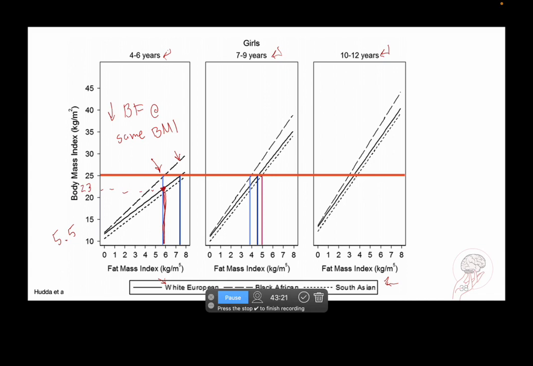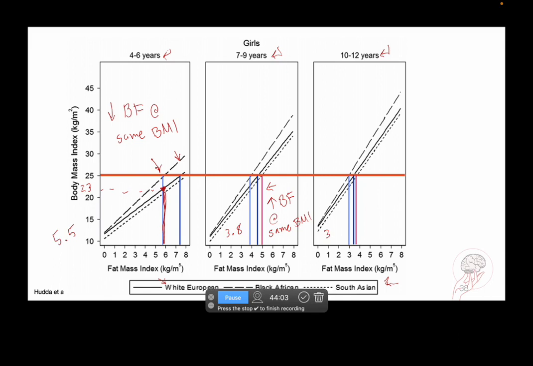Similarly, we can look at a higher age, and here we see that Southeast Asian girls have high body fat at the same BMI. So they're at increased risk. In fact, we can also look at a difference in age. For the Black African American girls, a BMI of 25 is now associated with around, let's say, 3.8. And then if we look at 10 to 12, it's around 3.